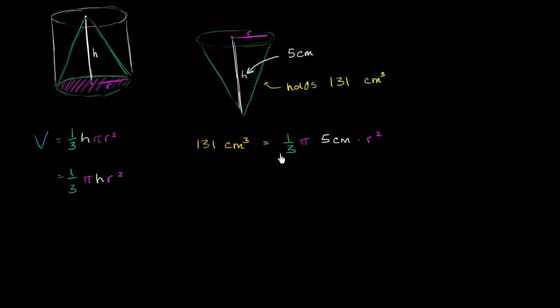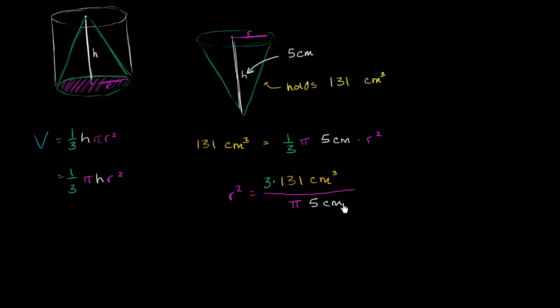If we wanted to solve for the radius squared, we could just divide both sides by all of this business, and we would get radius squared is equal to 131 cubic centimeters. You divide by 1/3, that's the same thing as multiplying by 3. And then, of course, you're going to divide by pi, and you're going to divide by 5 centimeters.